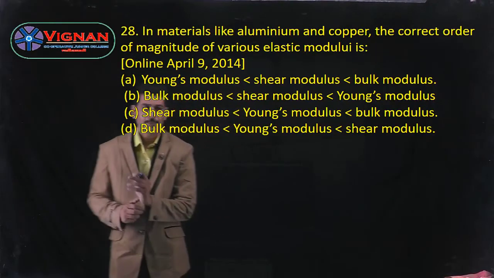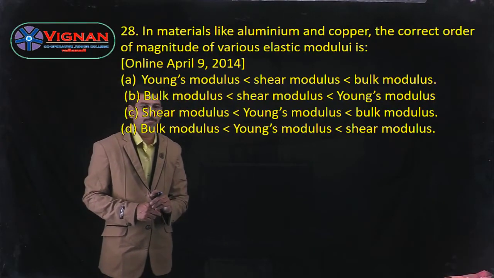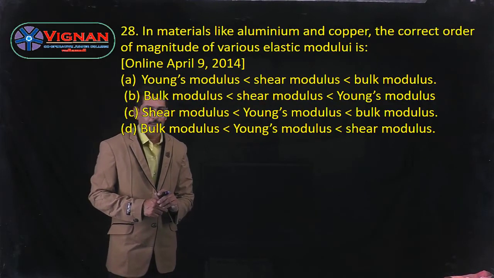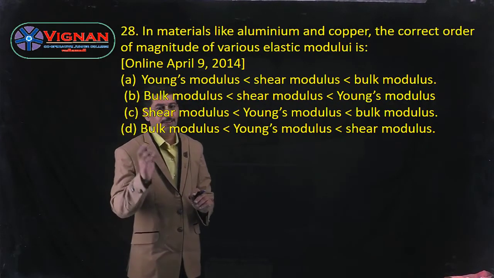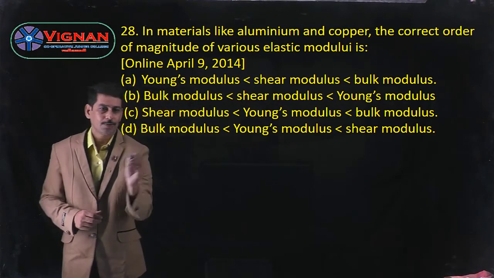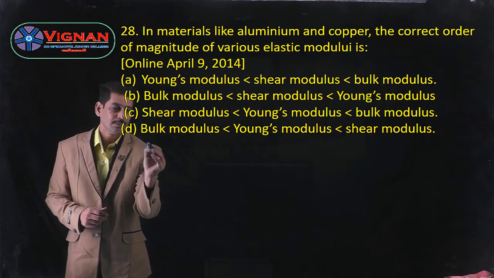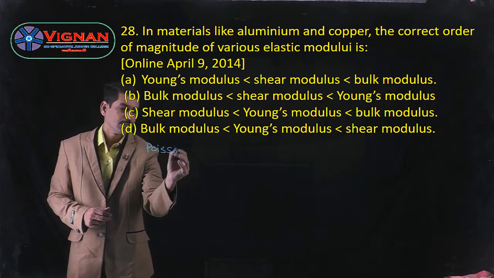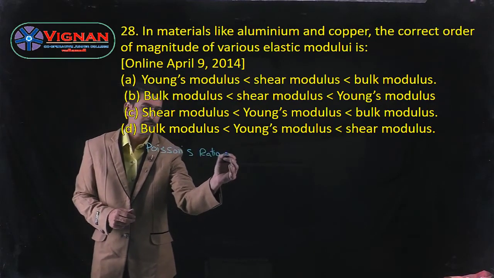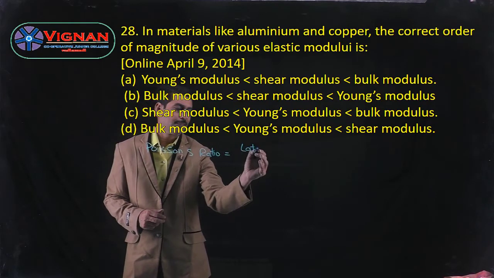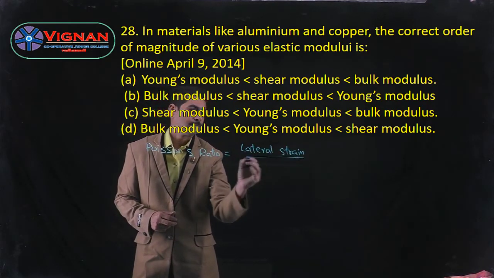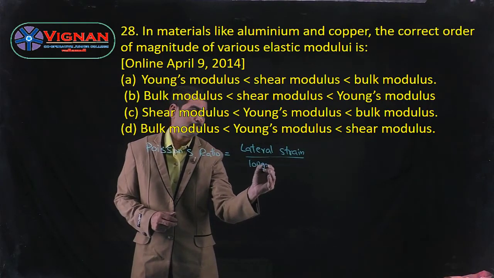See the next problem. In materials like aluminum and copper, the correct order of magnitude of various elastic moduli is, we have to find the order. We know the Poisson ratio is nothing but lateral strain by longitudinal strain.